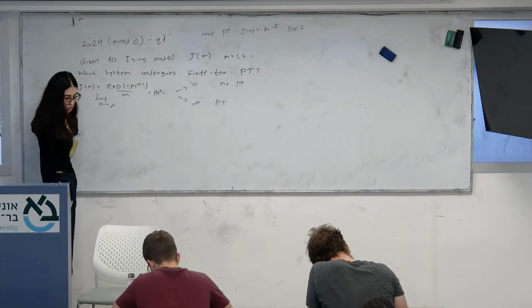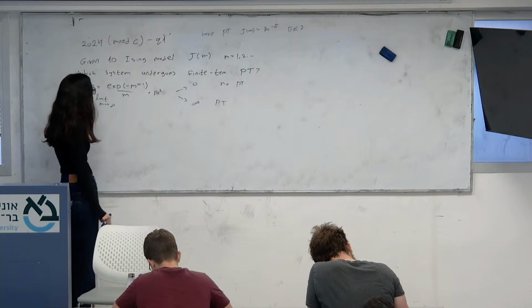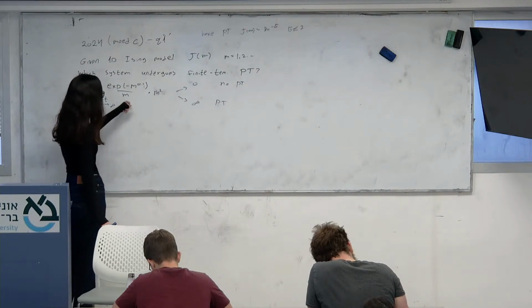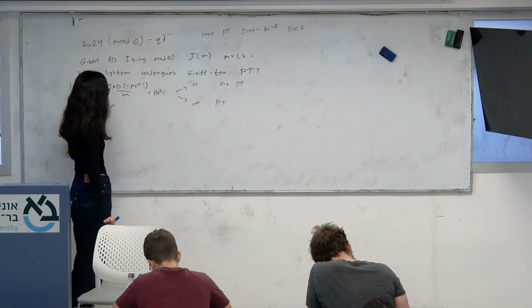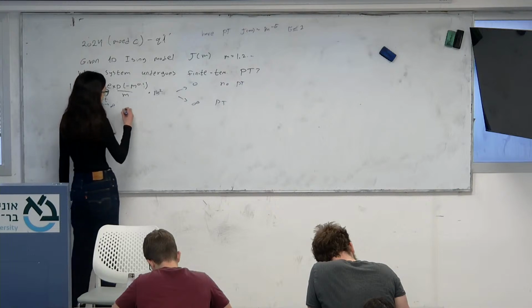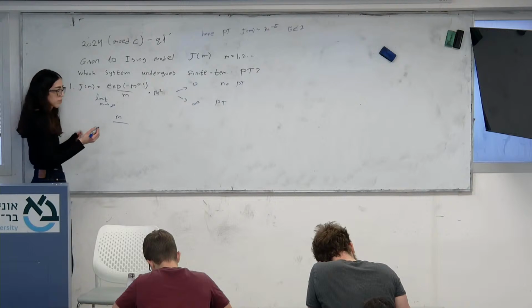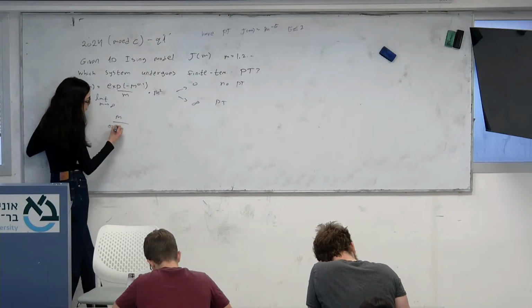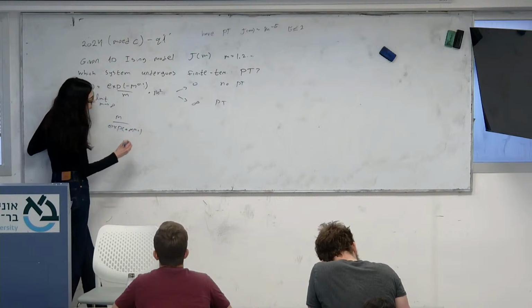Okay, so how would you do that? In that case, the limit that we have is basically m over, it's a bit easier to write it like that, m over an exponent of m to the power 0.1.